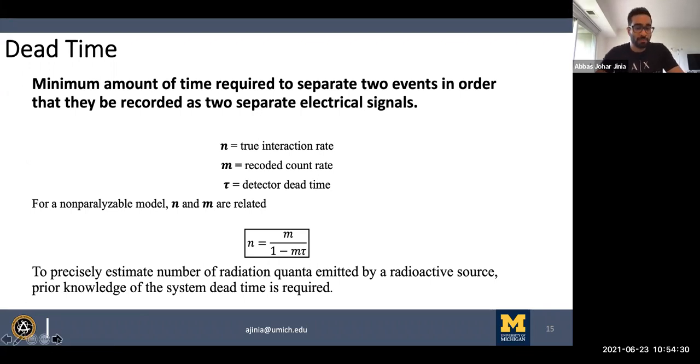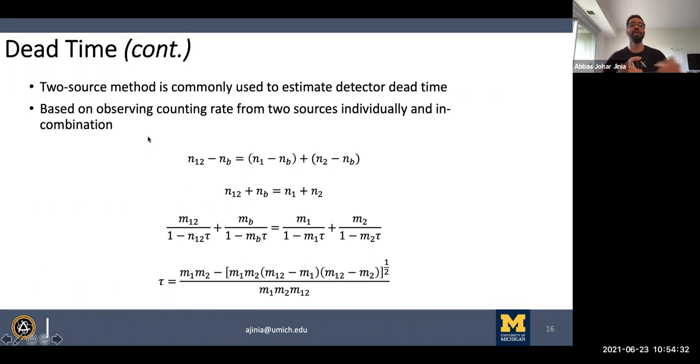So there is an experimental way to estimate the dead time of our system, called the two-source method, which is commonly used to estimate the detector dead time.